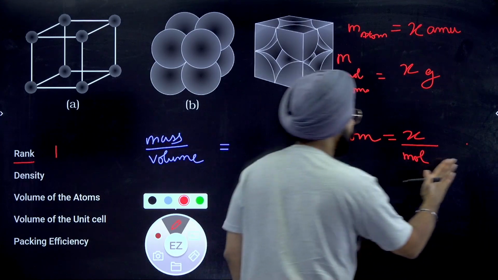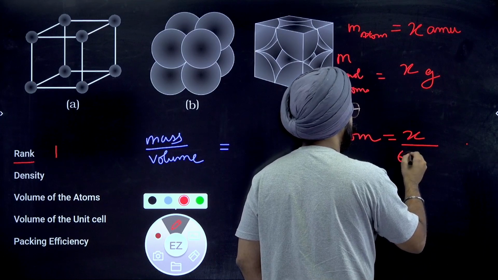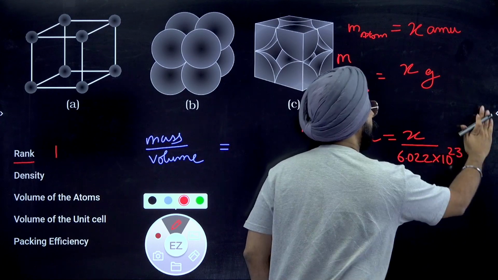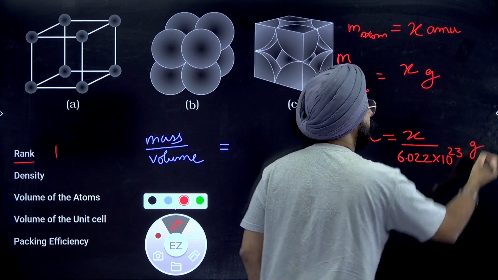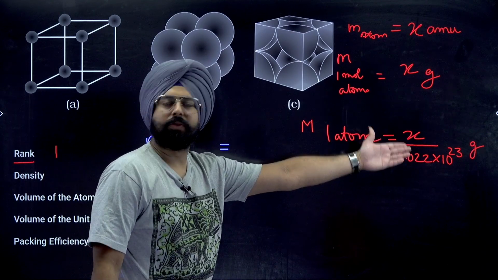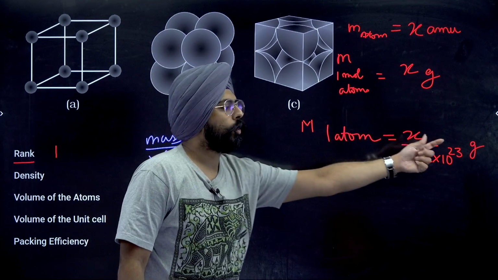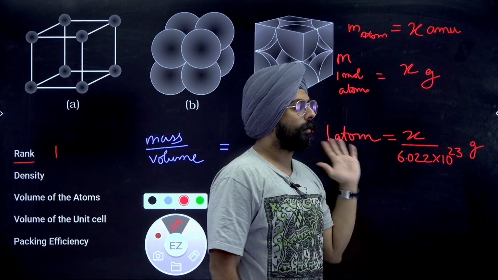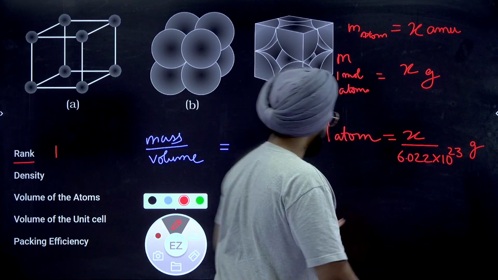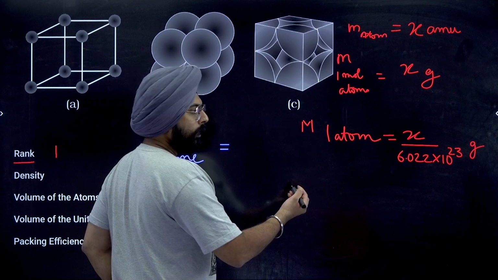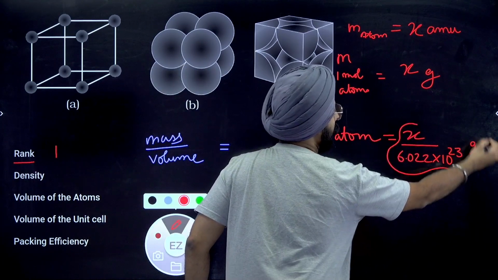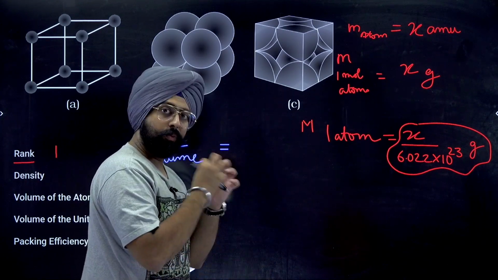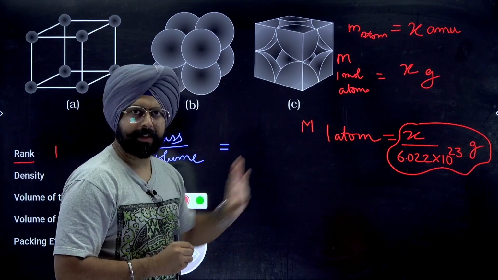The Avogadro number, 6.022 into 10 to the power 23. Very simple. Basic concepts of chemistry. The mass of one atom in grams would be X, that is the mass of one atom in atomic mass units, divided by the Avogadro's number. Simple. So if I have to take the mass of an atom in grams, I have to be careful of the units. That's all I'm saying. Whenever there is a question, you have to be careful how to take the mass. We'll see an example today, later.